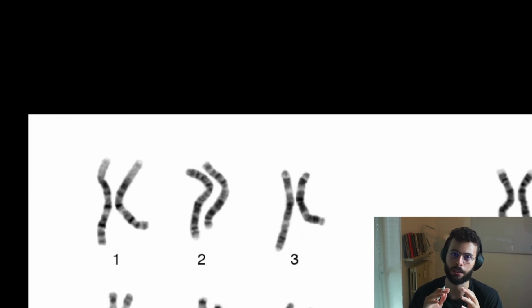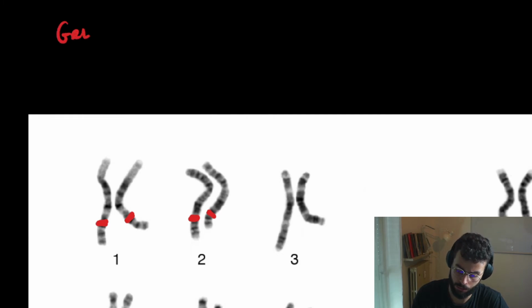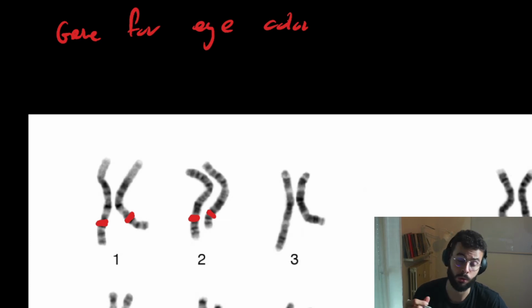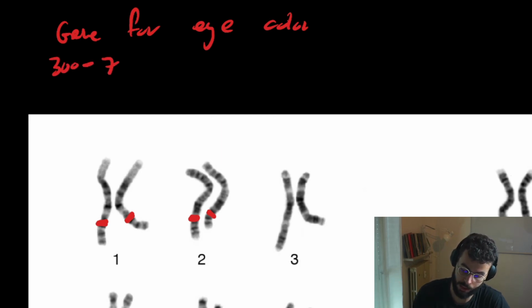You will see that for each gene, we have 2 alleles. Alleles are a different form of the same gene. For example, I have a gene for eye color. This gene is found on chromosome 1, just an example, on nucleotides 300 all the way to 700.